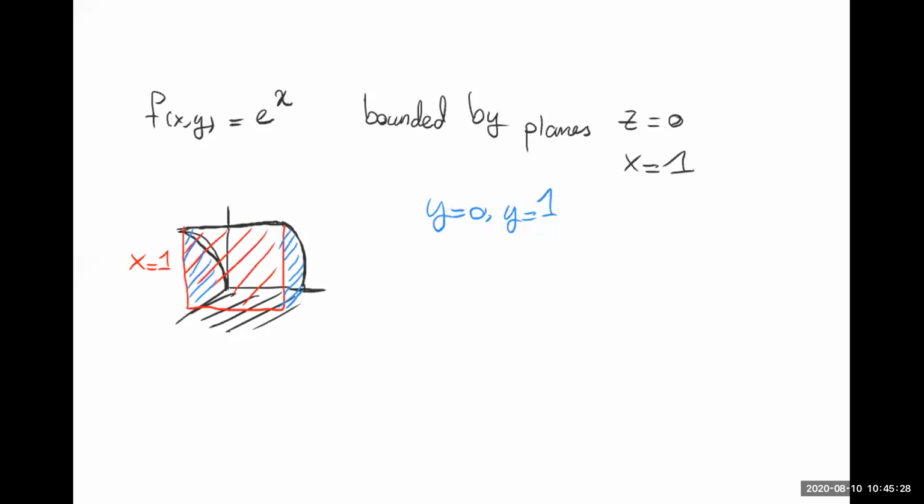Okay, let me try to sketch it for you. Well, if you can see, that's pretty good. It shows you have good geometric intuition. But let me try to sketch it.